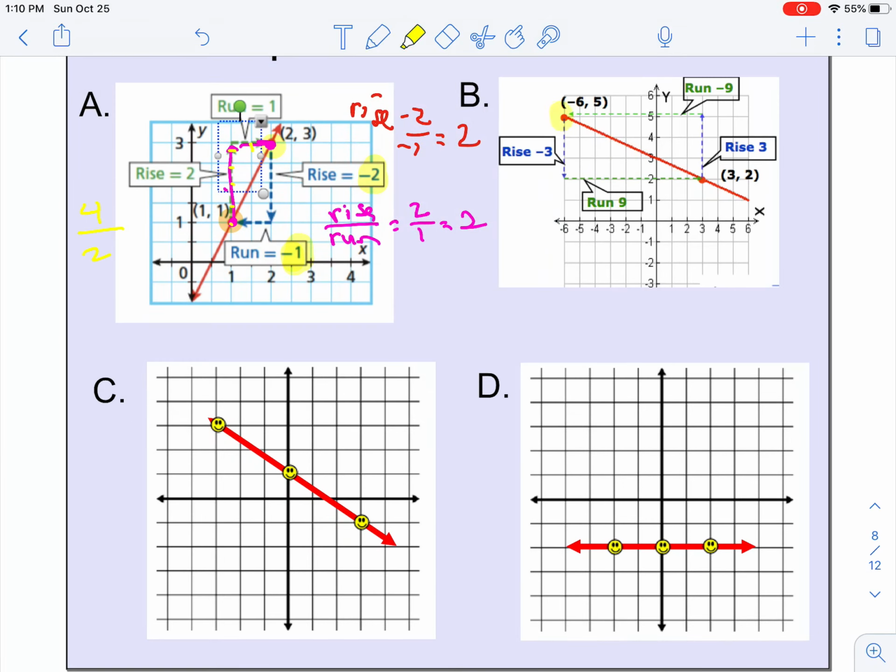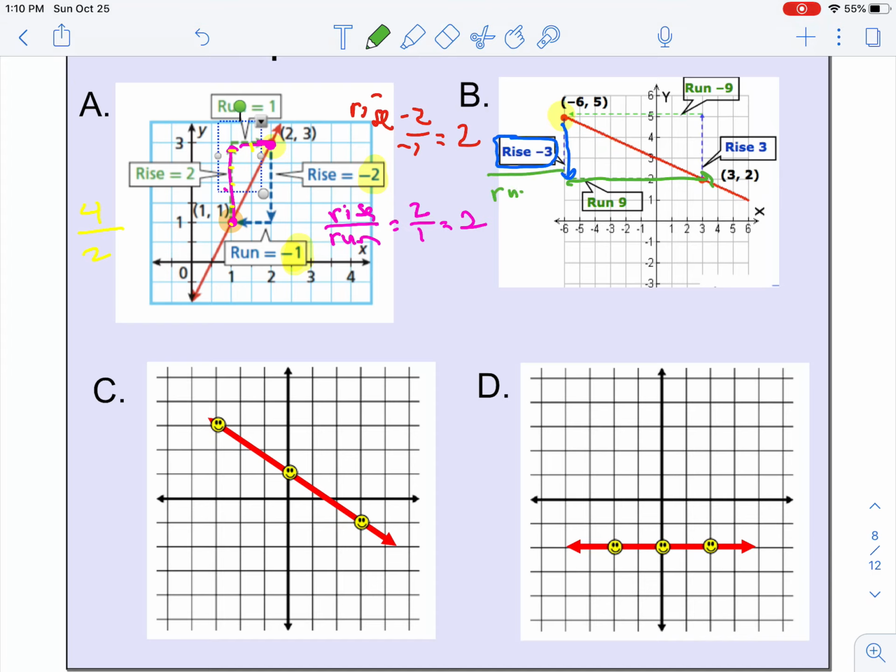Okay, so for this question, again, I like to start on the left side right here. And what's happening here is I am going down. So my rise is actually a negative number. I'm going down, that's negative. I'm going up to get to the next point, it's positive. And I am going down 3. My run, I am going over to the right, so it's positive, and it's 9.